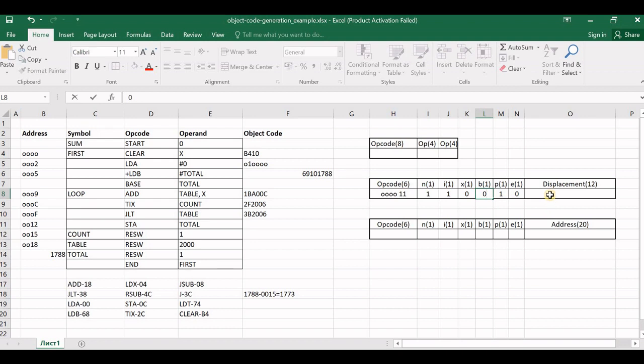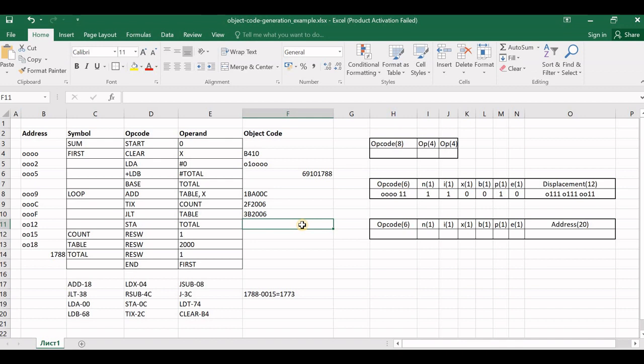Now since you have 16 bits of displacement but you can accommodate only 12 bits, discard the 1 over there. Take only 7, 7 and 3. 7 is 0111, 0111 and 3 is 0011.